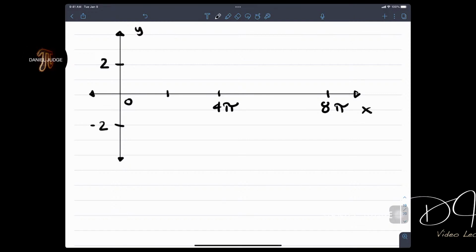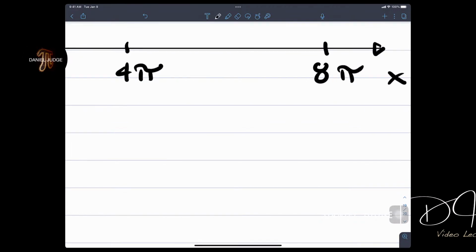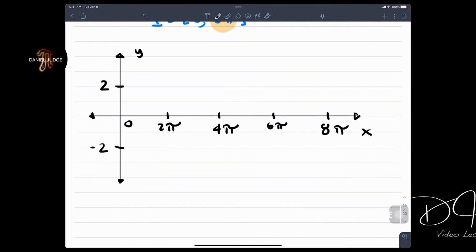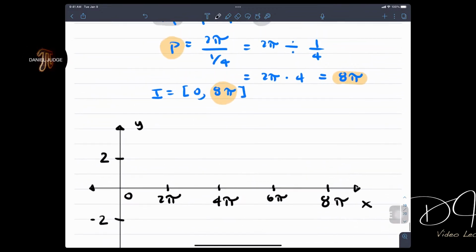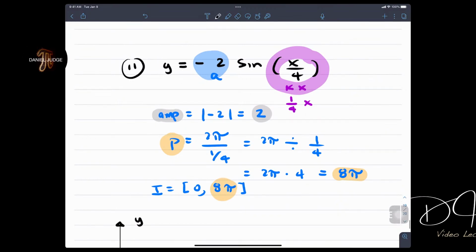Again, 0 plus 4 pi is 4 pi. Divided by 2 becomes 2 pi. So we can get the halfway marks as well. And then 4 pi plus 8 pi is 12 pi. Divided by 2 gives you 6 pi. So ladies and gentlemen, there you go. This is kind of a nice thing when you have that fraction for k. So that's great.